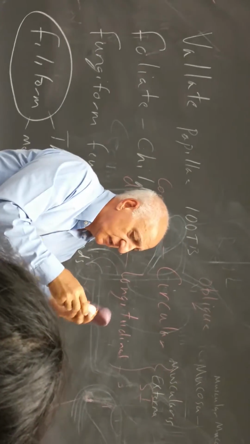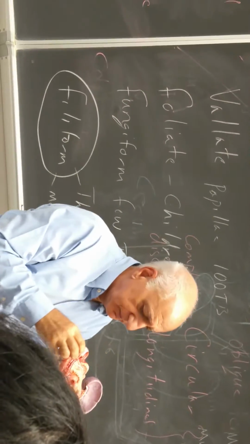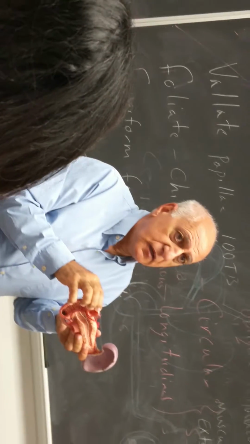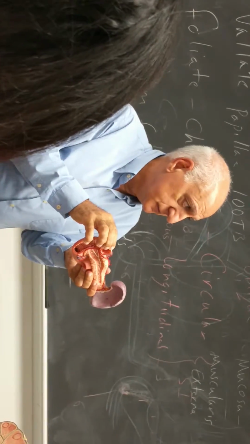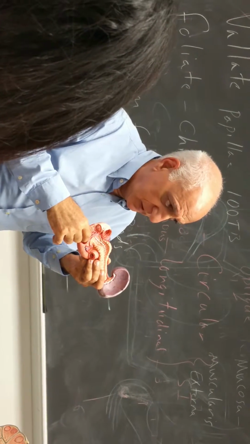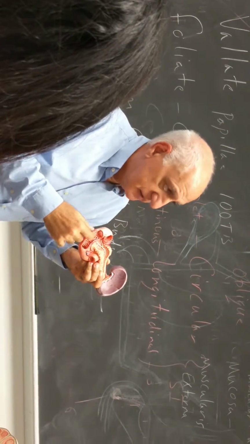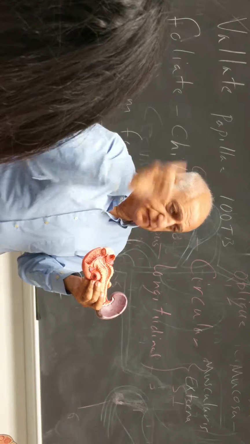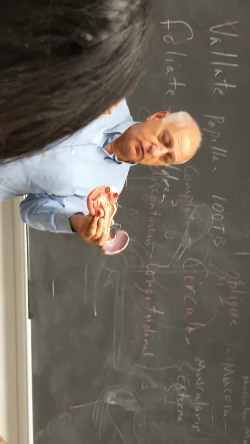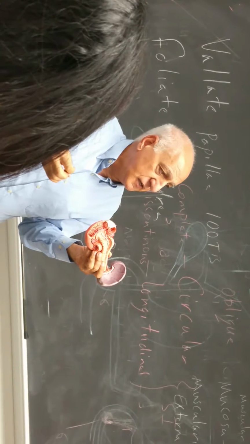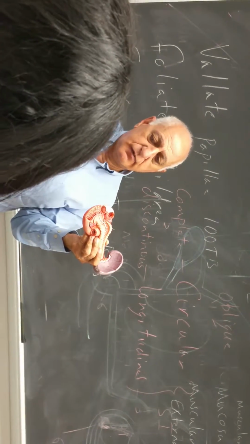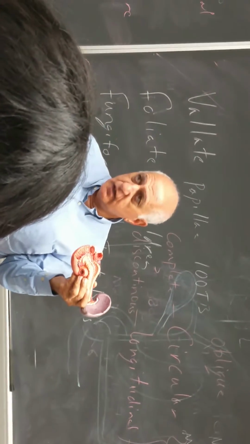Surrounding the head is the duodenum, and in the duodenum, you call this smooth area, the first area, the bulb of the duodenum. Then the rest of the duodenum inside has circular folds. These are the speed bumps that will slow down the flow, and they have the villi.